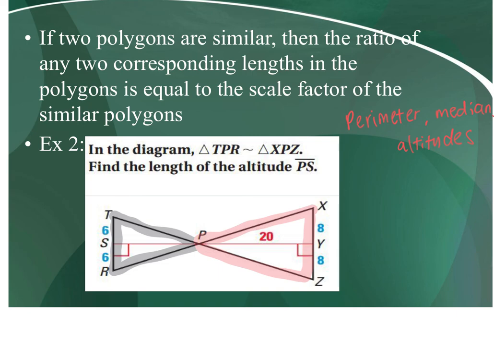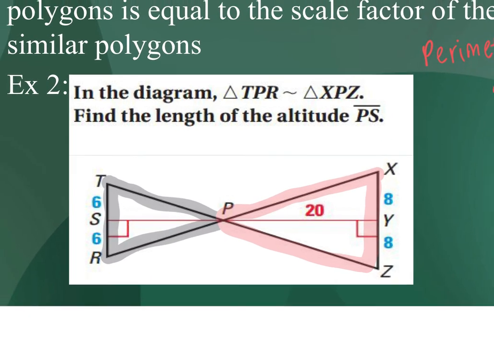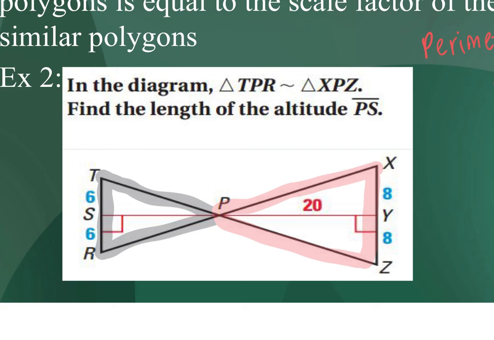So what we're going to do is first figure out the scale factor between these two triangles, and then we're going to apply that scale factor to the altitude, okay? So which side is corresponding and given to us in both of these triangles? Mariana? TX and XY, but actually TS is not a full side of our triangle. There we go, TR and XZ, okay?